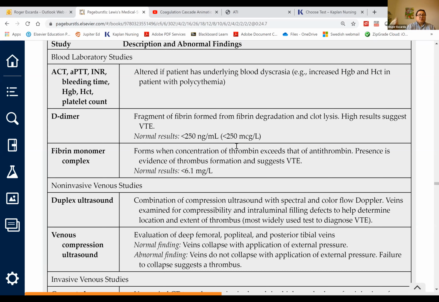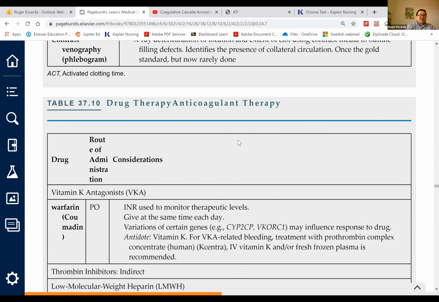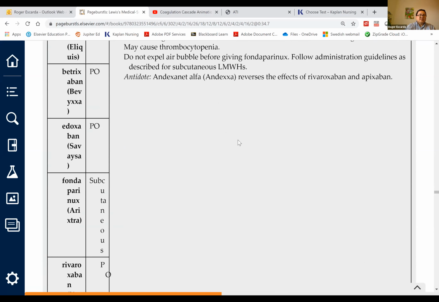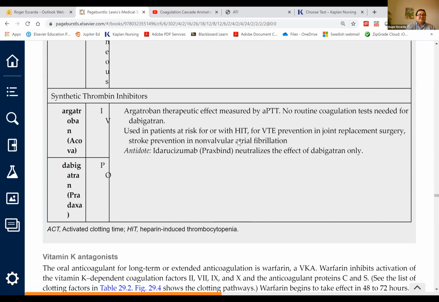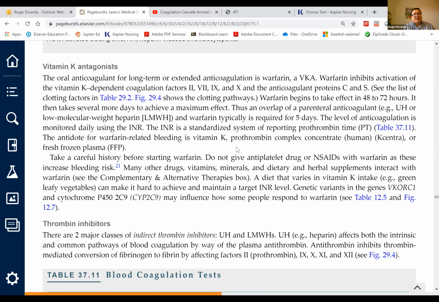All right. So we diagnosed it, we found it. Now, what is the treatment again? What are the options? What does the patient receive first? Do you start the vitamin K antagonist or the indirect thrombin inhibitor first?